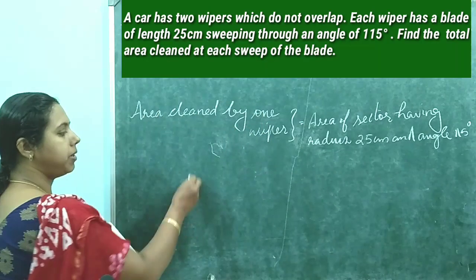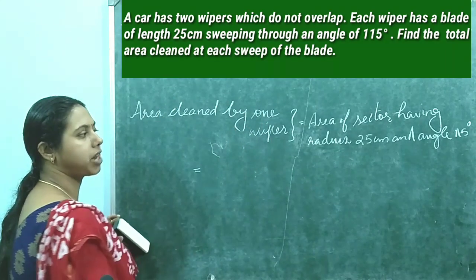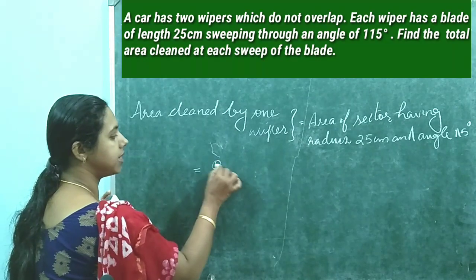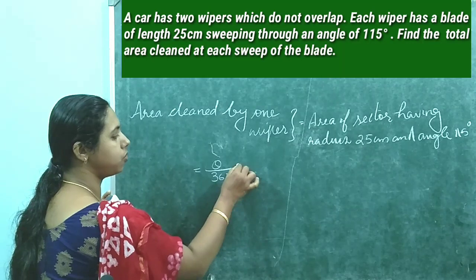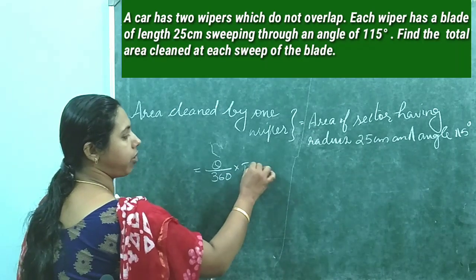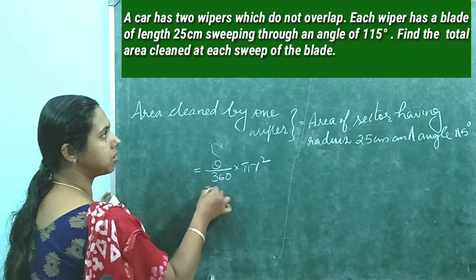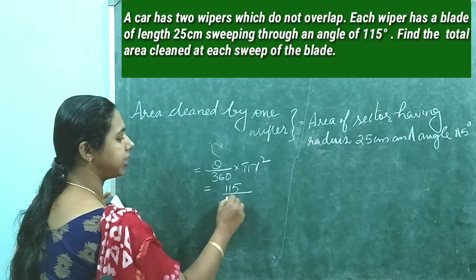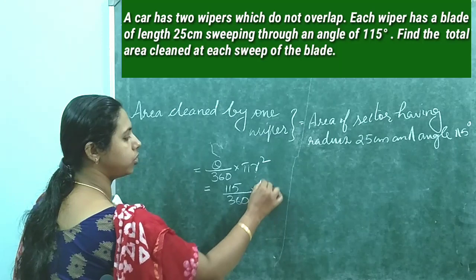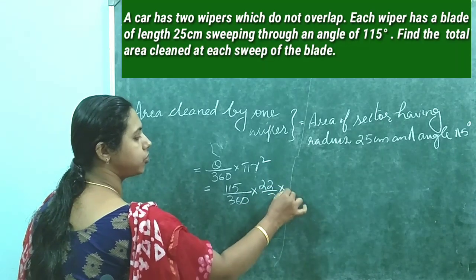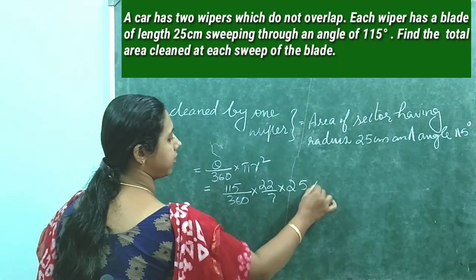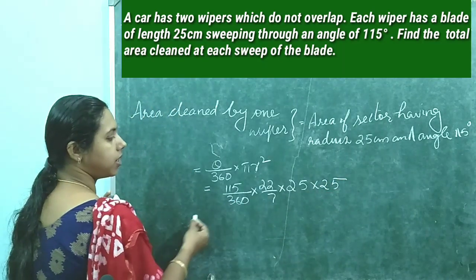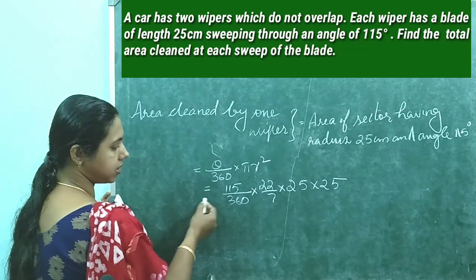So that will be equal to area of sector having radius 25 and angle 115 degree, theta by 360 into pi r square, that is equal to 115 divided by 360 into 22 by 7 into radius, that is 25 square, that is 25 into 25. So here you can cancel the common factors.